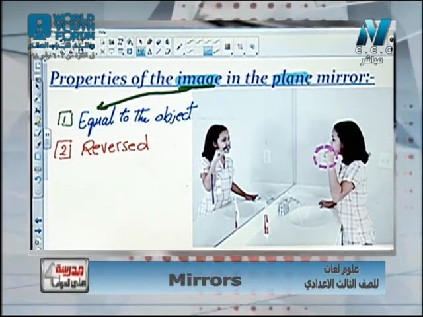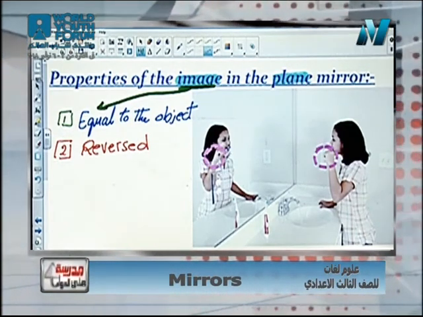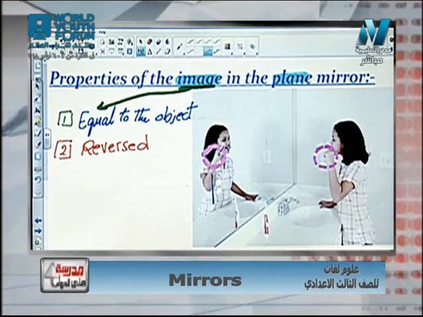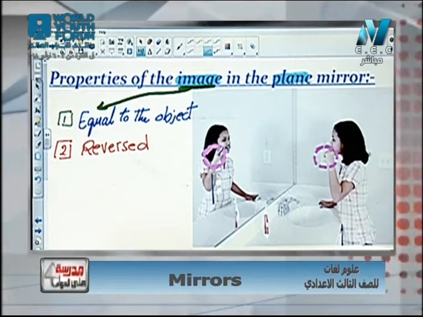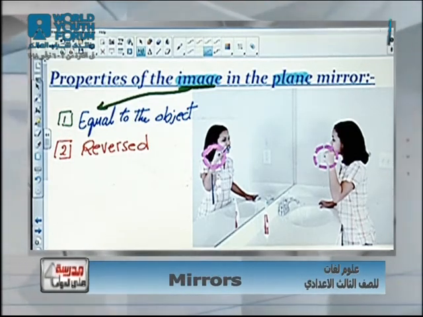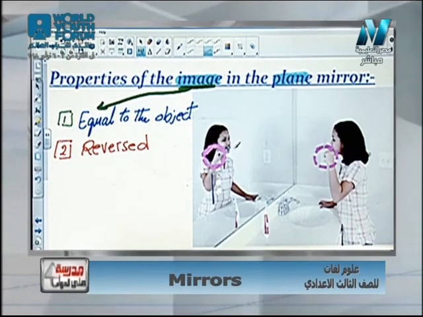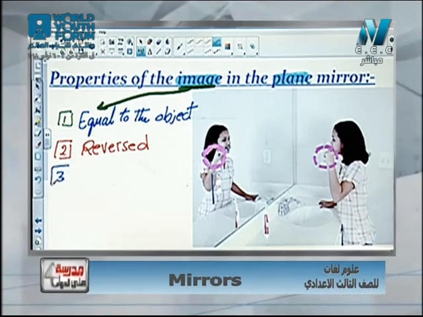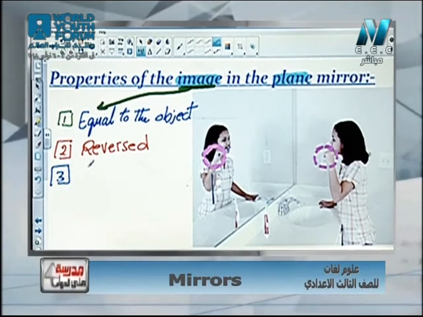So here we have the right hand of the image. So the image is reversed. So we can't read correctly. ما ينفعش اقرا through plane mirror because the image is what? Is reversed.